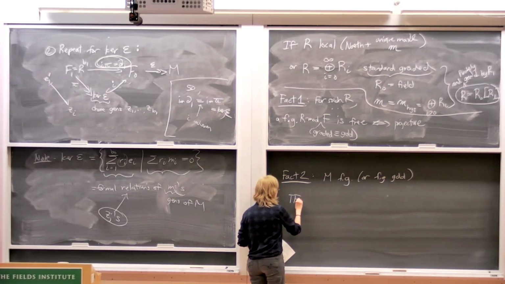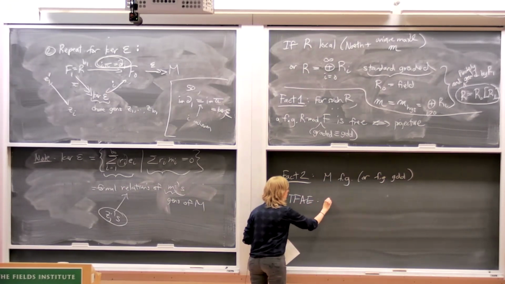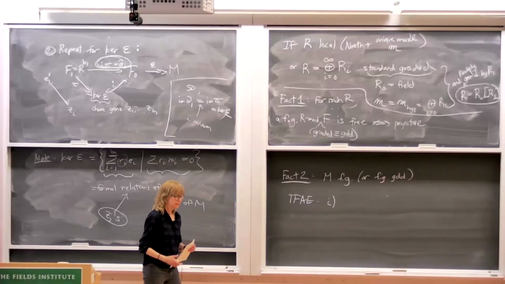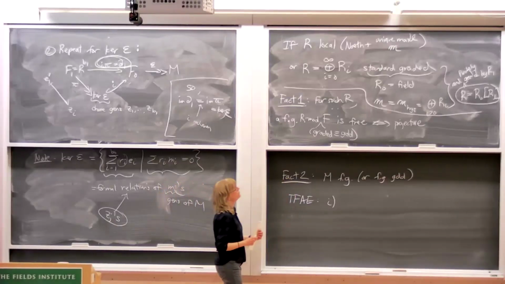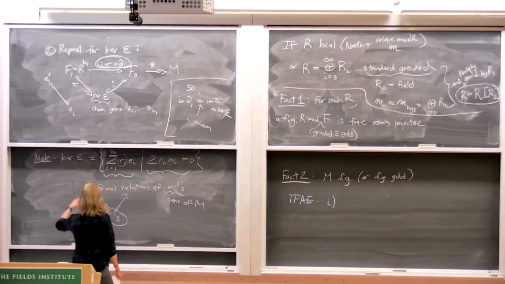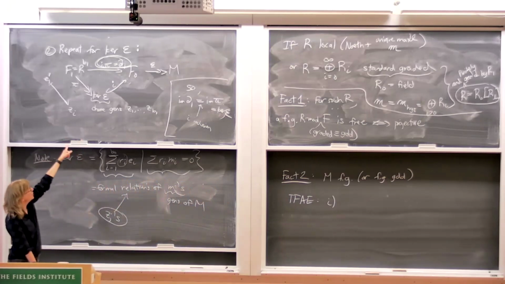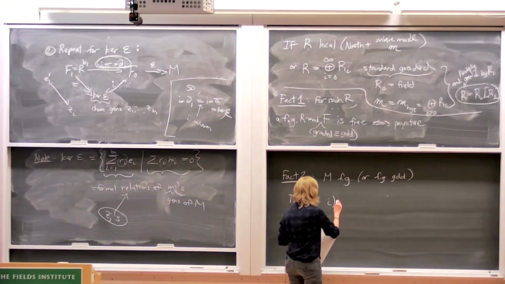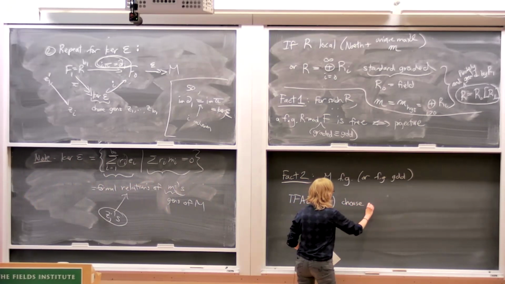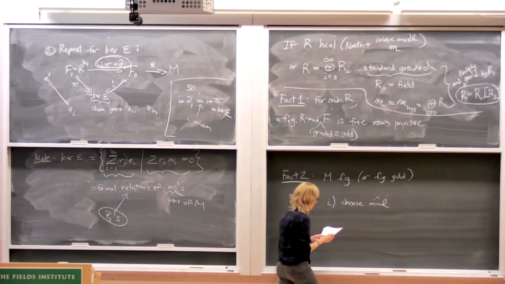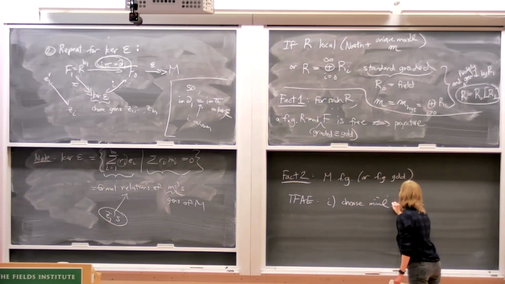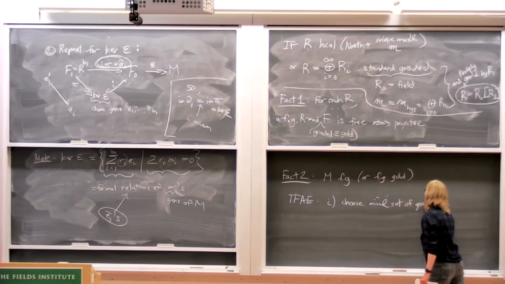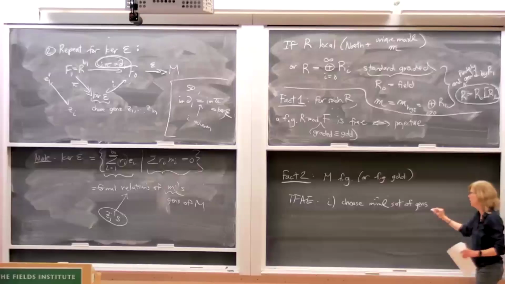Then the following are equivalent. 1, if you are very careful how you resolve, and at each stage where you're taking generators of the thing you want to hit, you take a minimal set of generators, which in this case will also be a smallest set of generators.